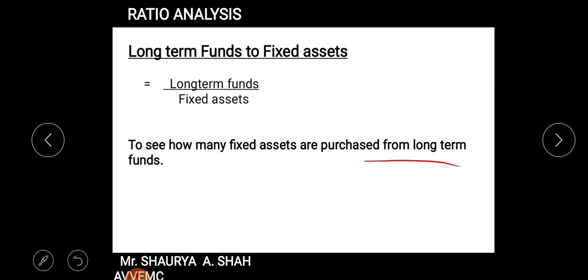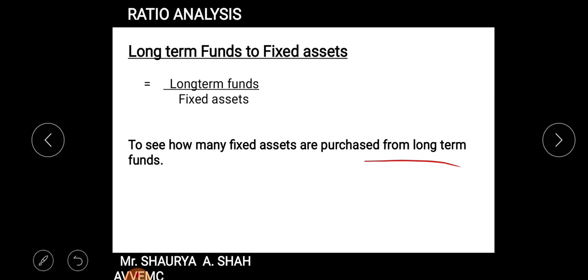So today, students, particularly in activity ratios, we saw stock turnover ratio, debtors ratio, creditors ratio. Is it clear, everyone? Then we saw total assets turnover ratio. After that, we started with capital structure and leverage ratios.